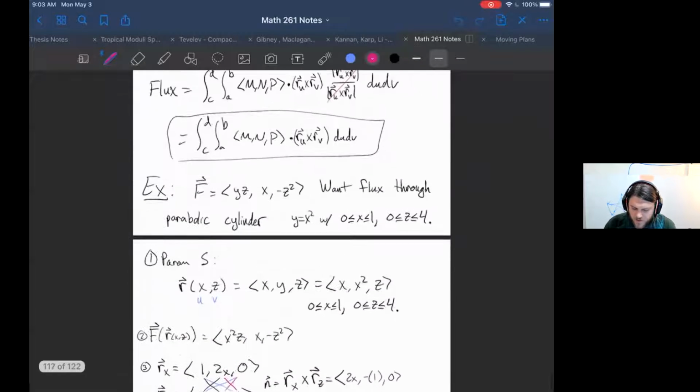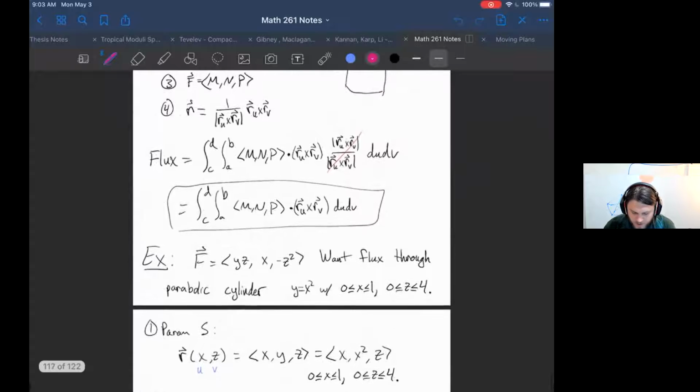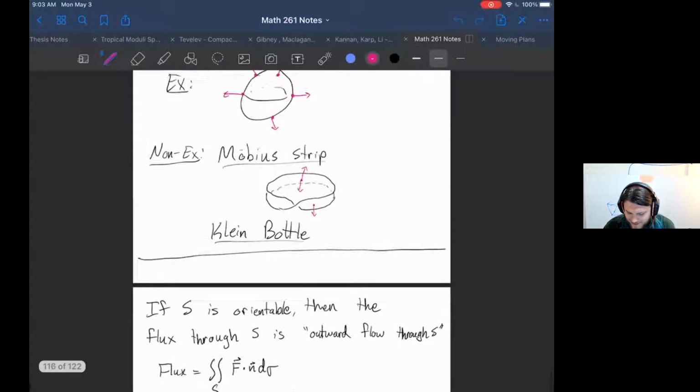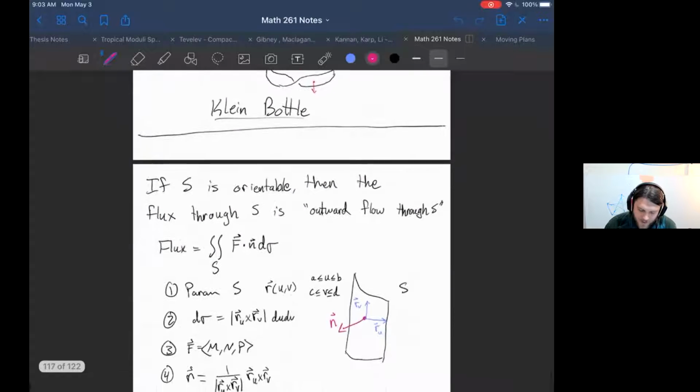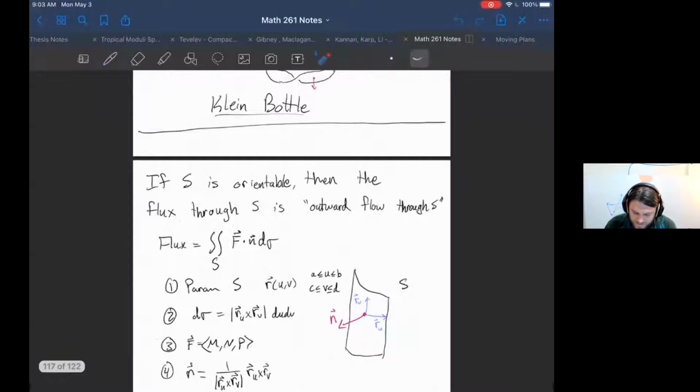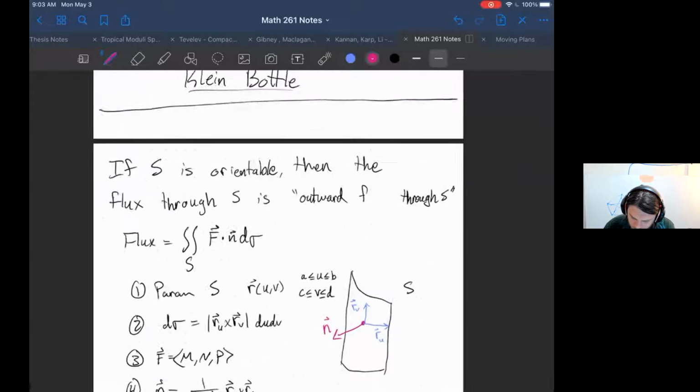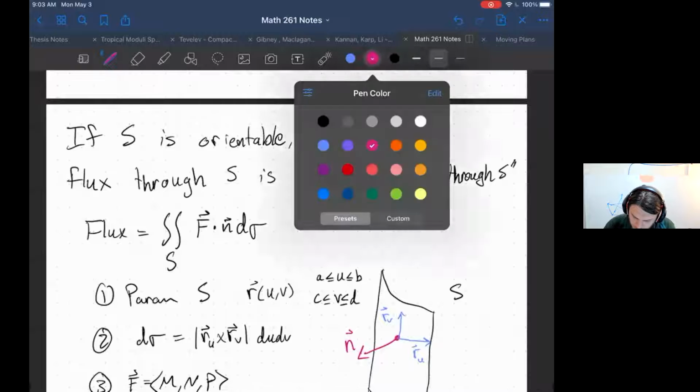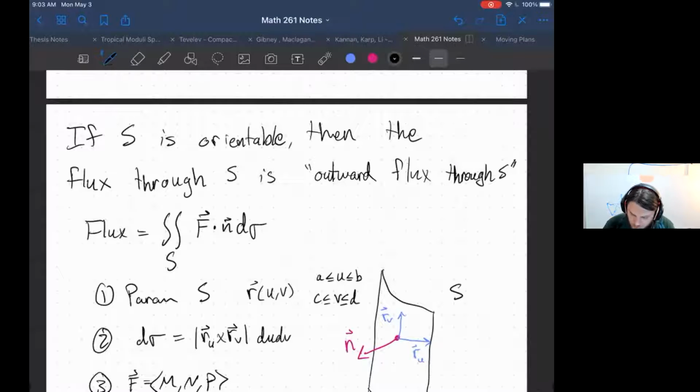So let's go over a little bit of what we did last Friday. What we really did was define flux through a surface, the outward flux through a surface.